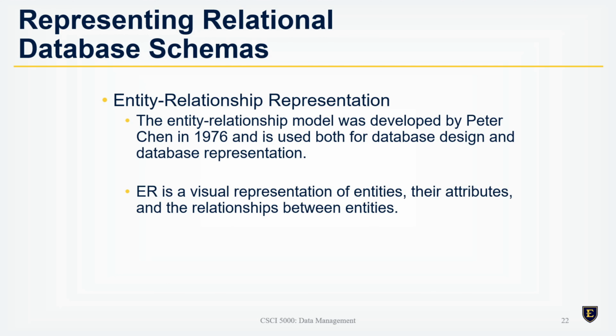The entity relationship model was developed by Peter Chen in 1976, and it's used for both database design and database representation. So it's known as ER or ERD, and ER is a visual representation of the entities, the attributes, and the relationships that exist. So let's take a look at some examples of the relational representation through the ER model.